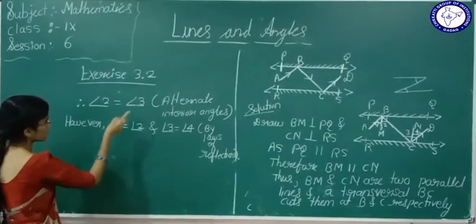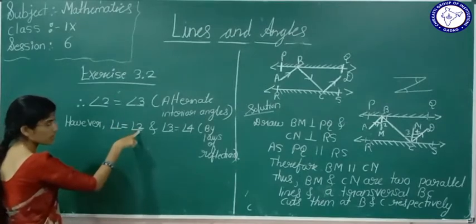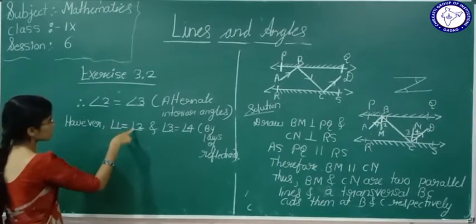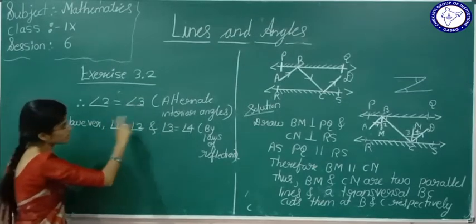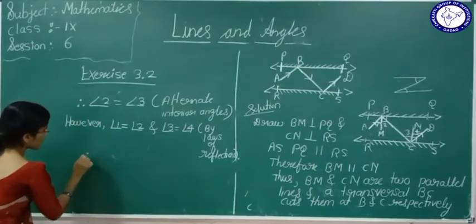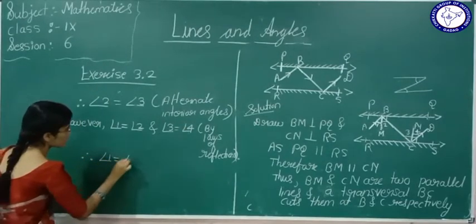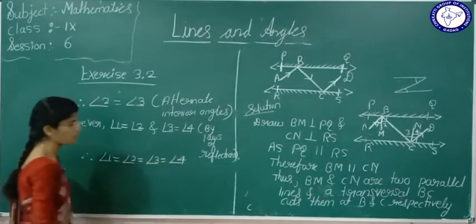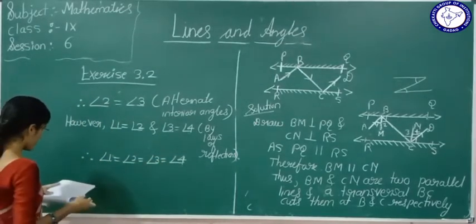Now see, angle 2 is equal to angle 3. Here angle 1 is equal to angle 2. Definitely what we can tell? Angle 1 is equal to angle 2 is equal to angle 3. Here say angle 3 is equal to angle 4. Therefore what we can tell? Angle 1 is equal to angle 2 is equal to angle 3 is equal to angle 4. Okay.